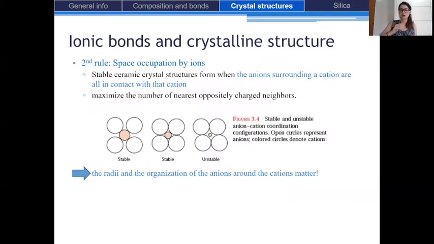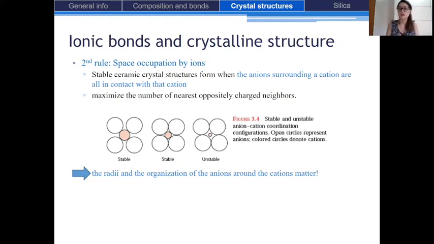So now let's go to the second rule, which deals with the space occupation by ions. When we talked about metals and crystal structure of metals, we explained that we can find different arrangements of the atoms, FCC, BCC, hexagonal, and so on.